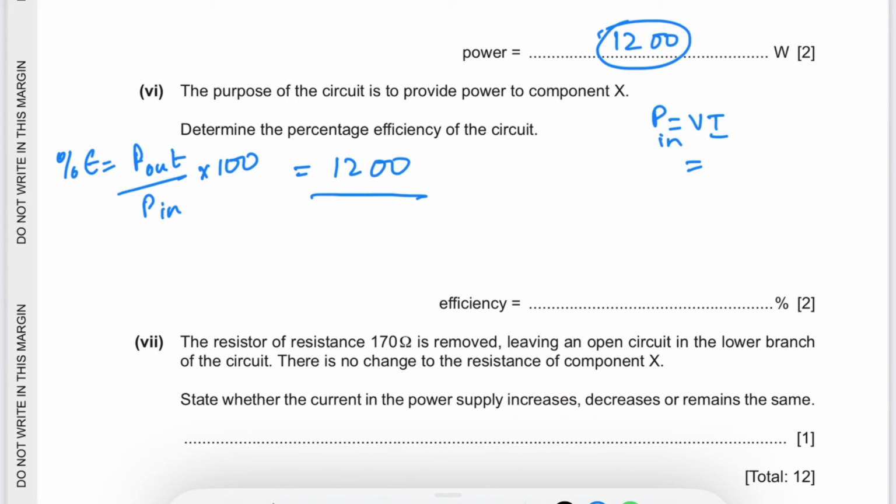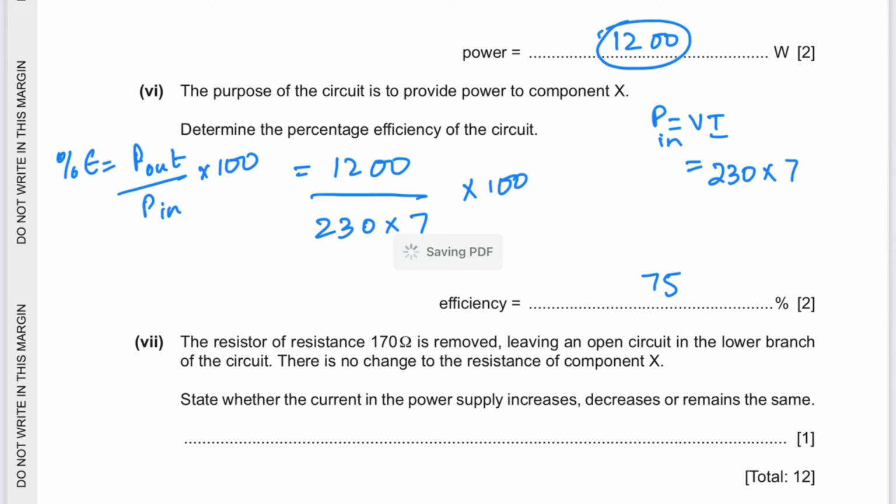The power source is 230 volts and the total current in the circuit is 7 amperes, which you put into the denominator, times 100. That turns out to be 75% efficiency, correct to two significant figures.